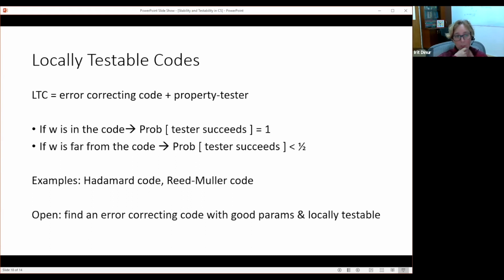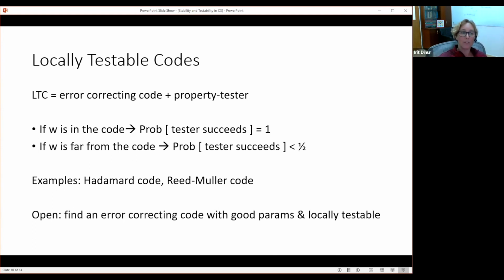An open question is to find an error correcting code like these two, but that has good parameters. In coding theory, we can get codes where the stretch is only a constant. If you want to send k message bits, all you need to do is send k times 1.1 encoding bits, and you will have good distance.